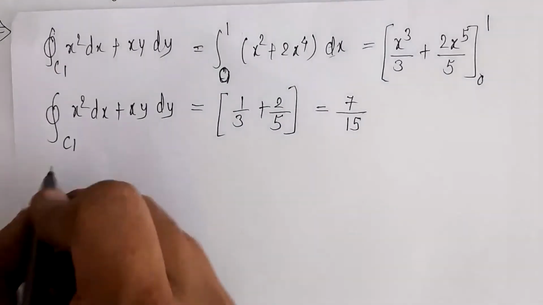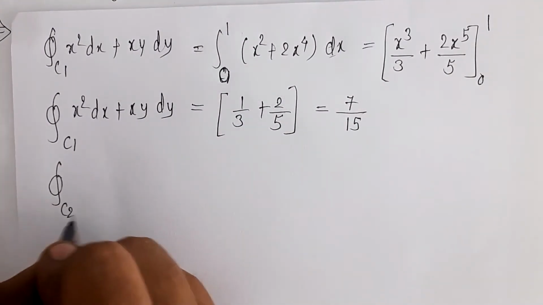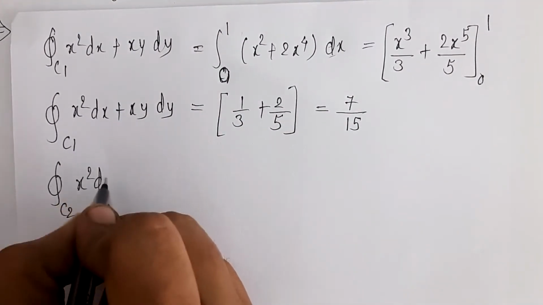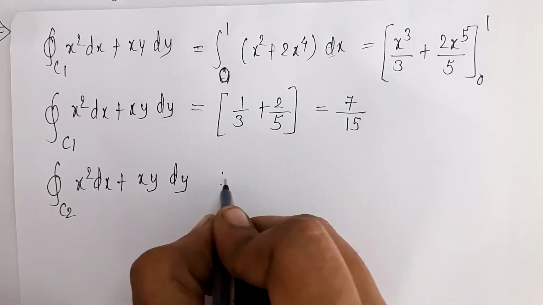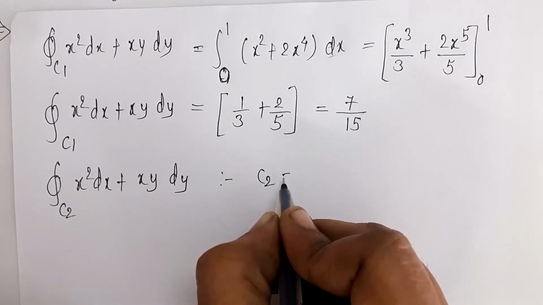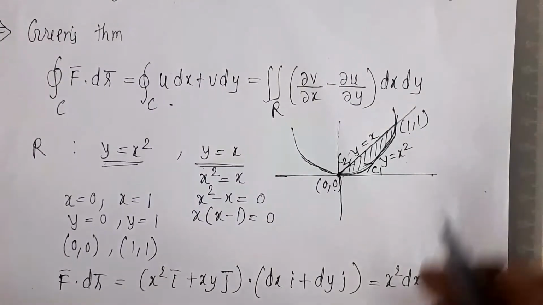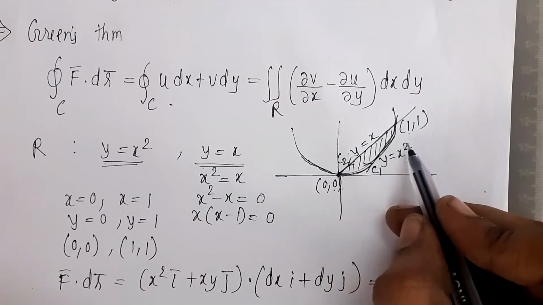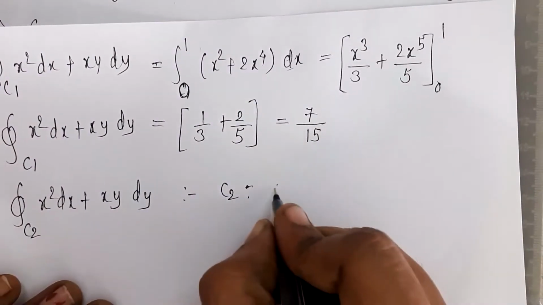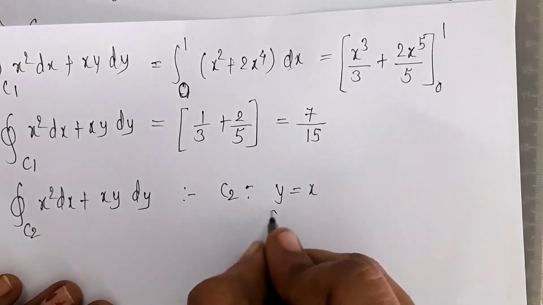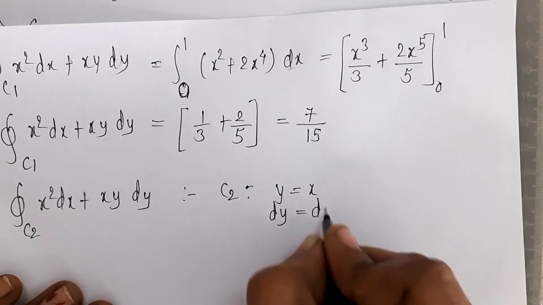Now the second integral is the integral over C2 of x² dx plus xy dy. For this integral, C2 is the curve y = x, so the equation of the curve for C2 is y = x. Now what is dy? dy is again dx.